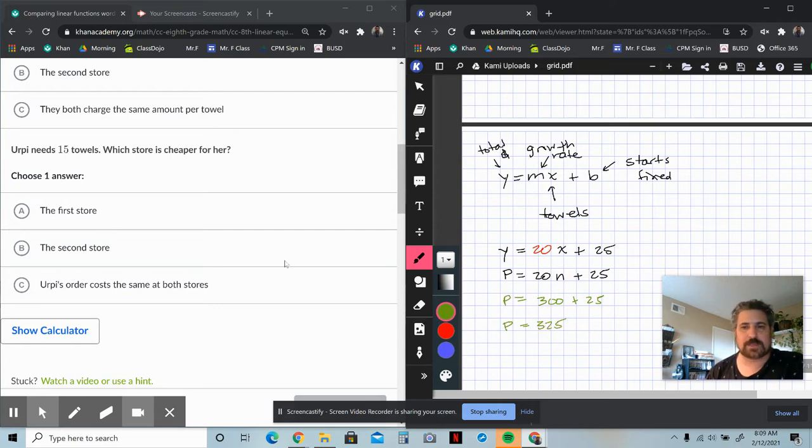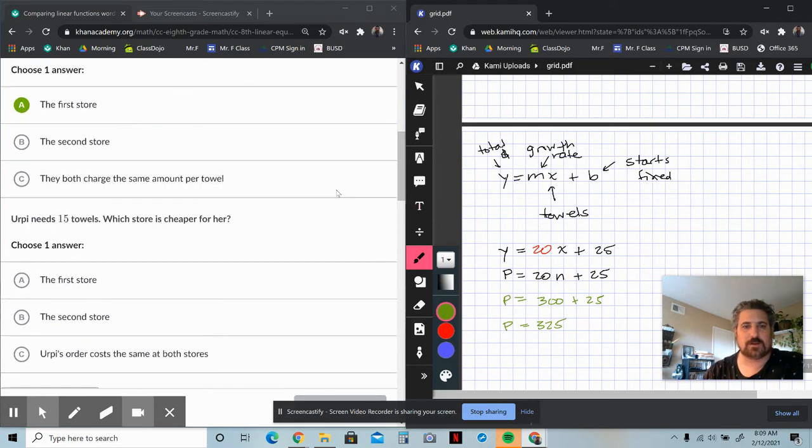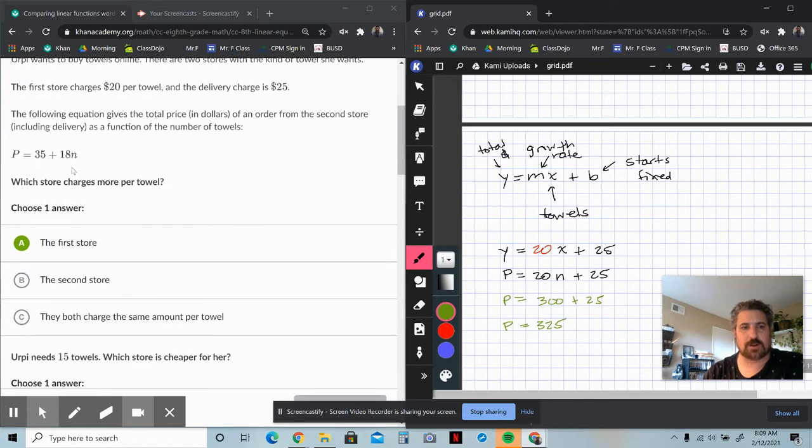At the second store, you have 35 plus 18n. For that second store option, I'll do this in blue to compare it. P is equal to 35 plus 18n, which is 35 plus 18 times 15.